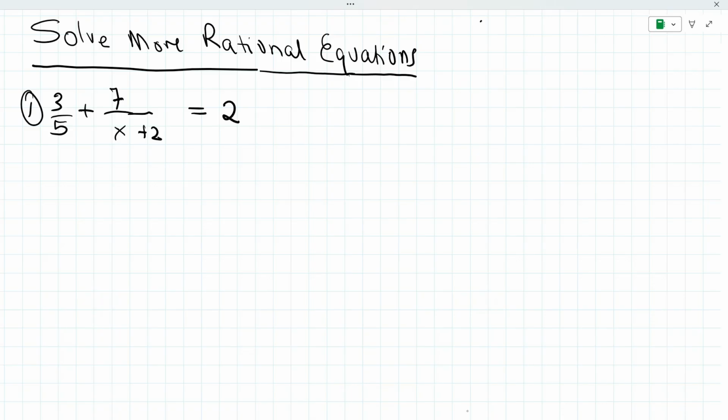That will leave us with 3 into x plus 2 over 5, and this will be plus 7, and this will equal 2 into x plus 2.